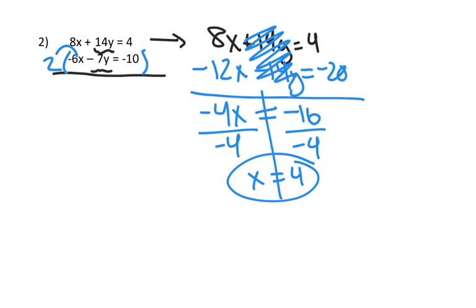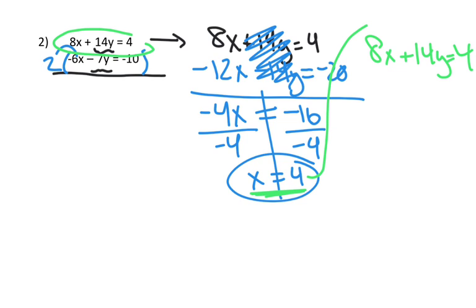Okay, come back, pick an equation. It doesn't matter which one you choose. I'm going to pick the top one since there's not any negatives here, which was 8x plus 14y equals 4. Substitute in what you solved for, which in this case was the x. So 8 times 4 plus 14y equals 4. Solve.